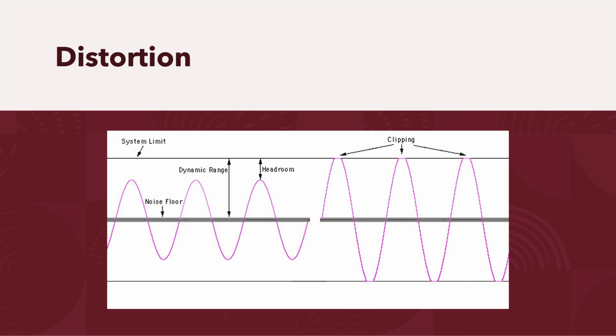What we see on the right, you can imagine, let's say we increase the gain of the waveform so that the peaks of the waveform go beyond the system limit. And the way that the system is going to calculate that limit, whether it's digital or analog, is just going to be, I can't go any further than this. So I'm just going to stay at the peak.